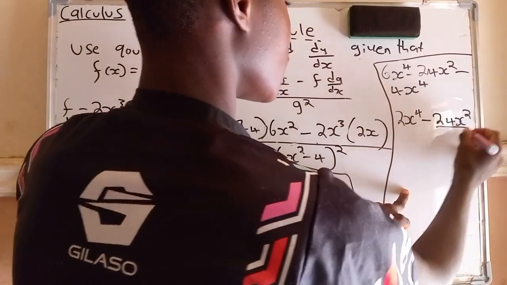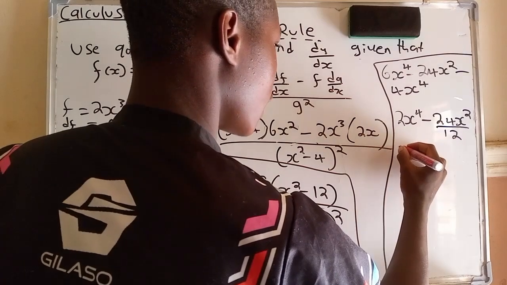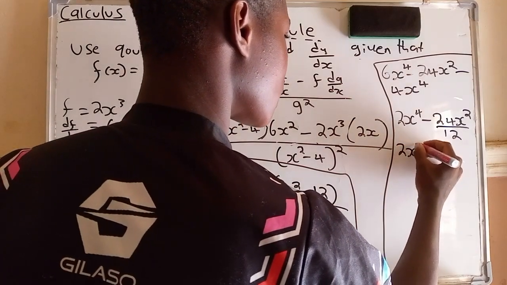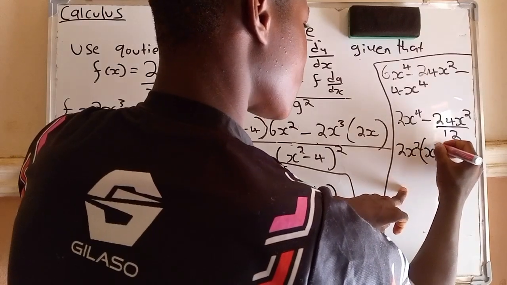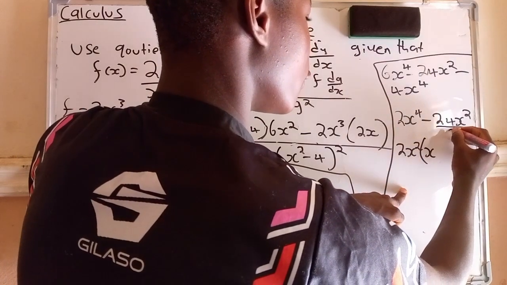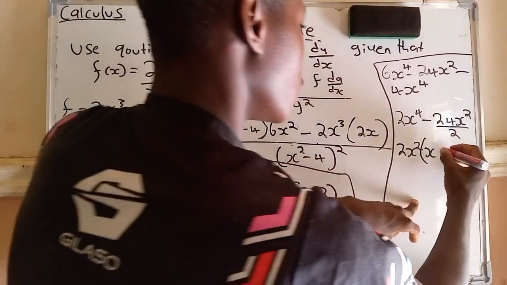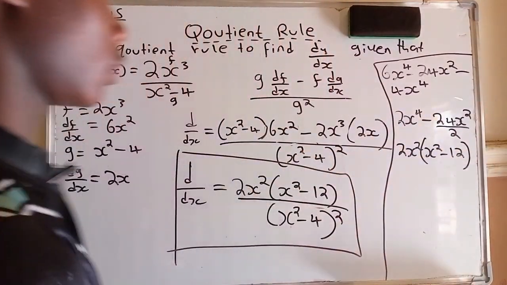Then we factorize this. If we divide by 2, we have 12. So we write 2x squared times the bracket x squared minus 12.